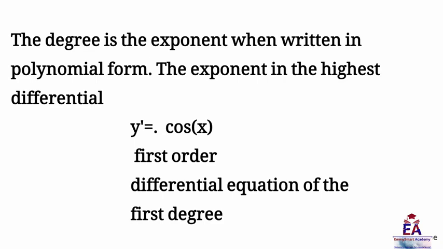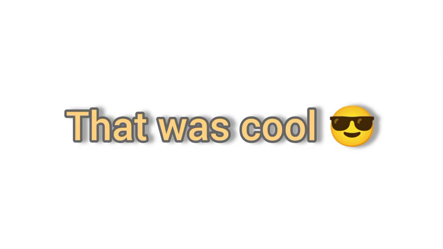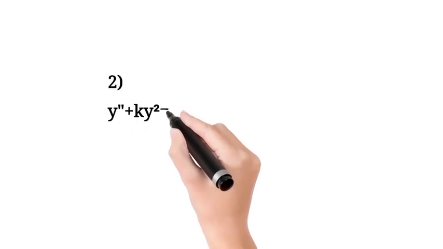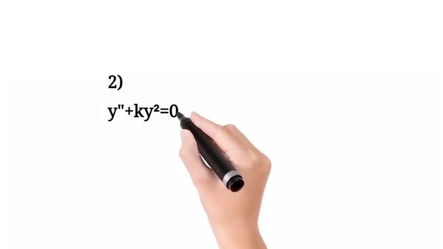So it is a first order differential equation of the first degree, that's what it is. Okay, so what do we do next? Let's look at another one. y double prime plus ky squared equal to 0.